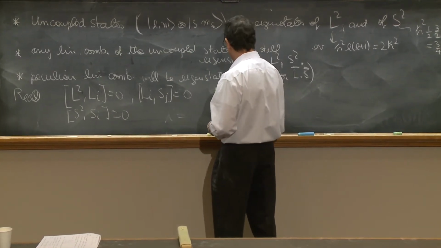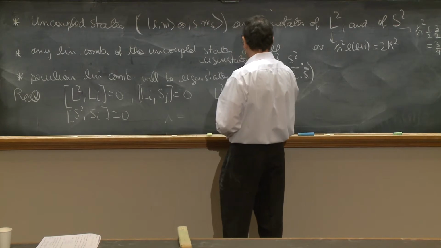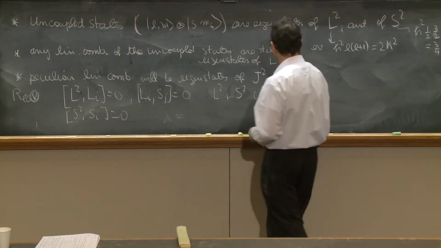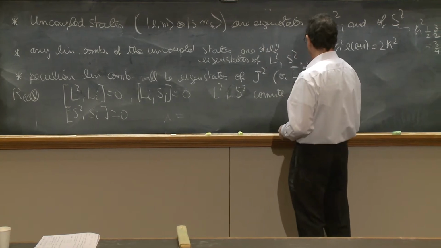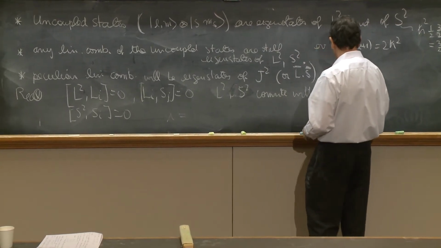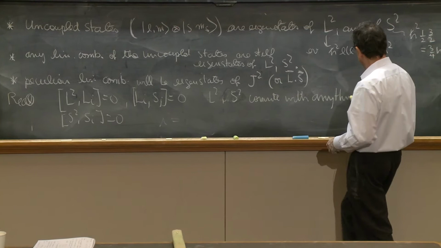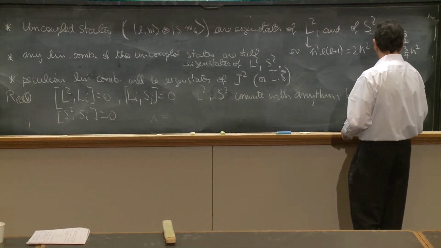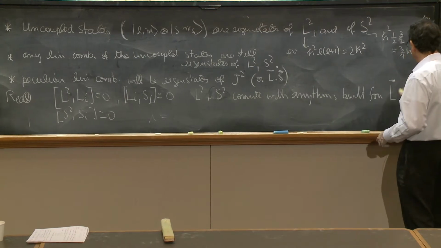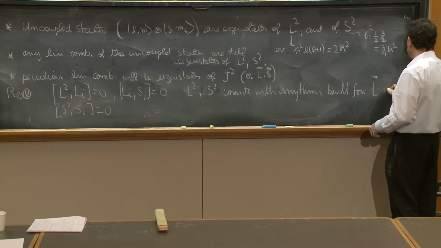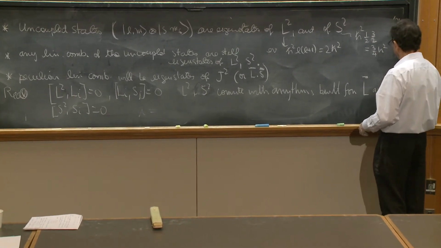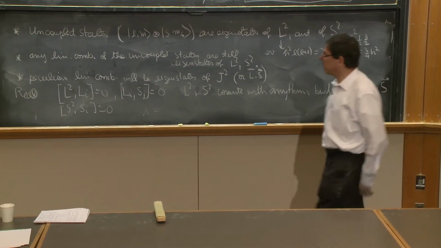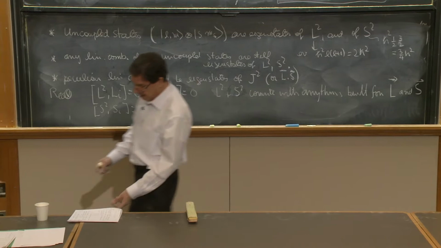So L squared and S squared commute with anything built from L vector and S. Commutes with anything that you build with those things.